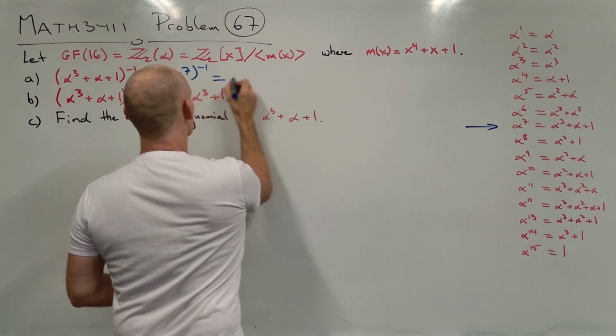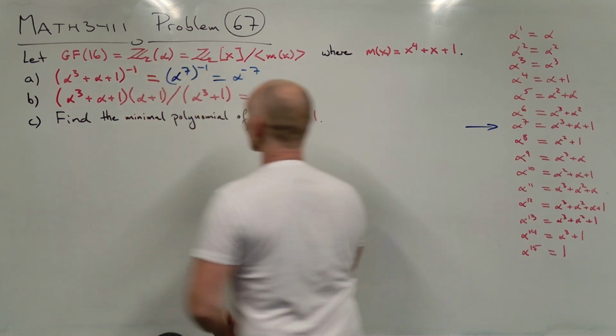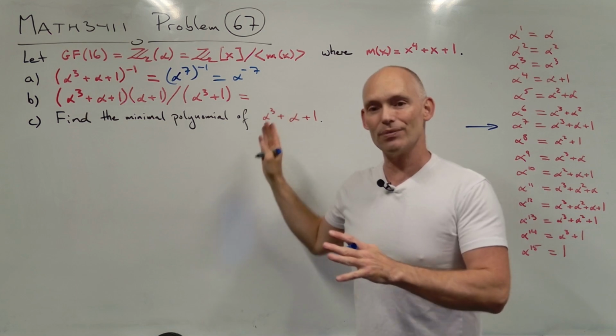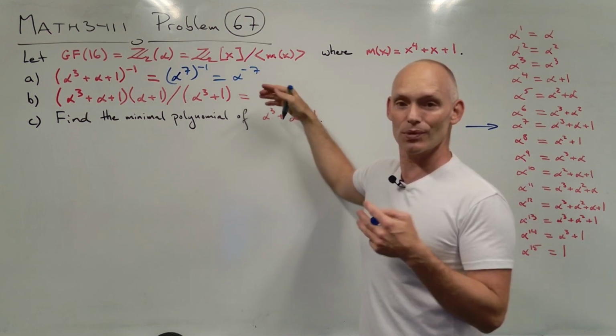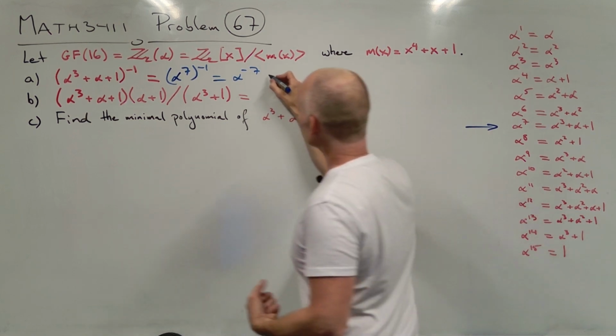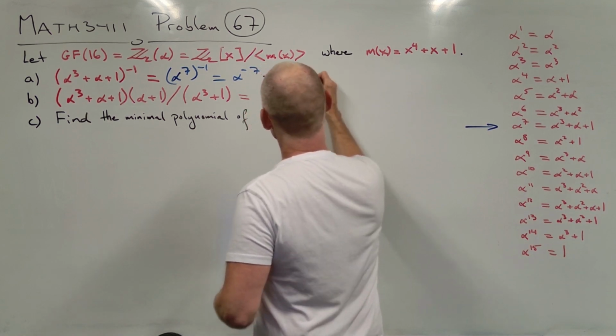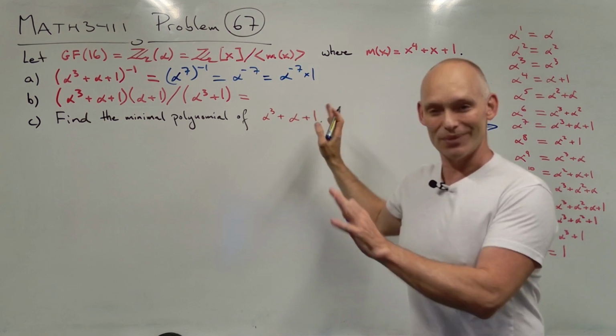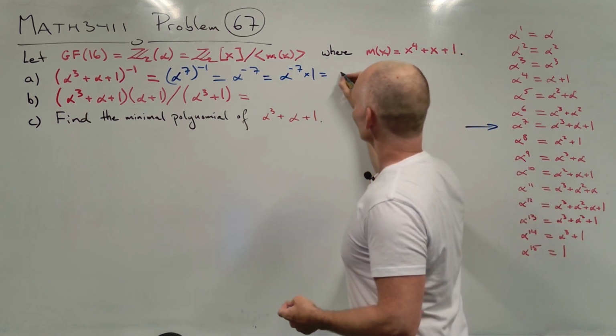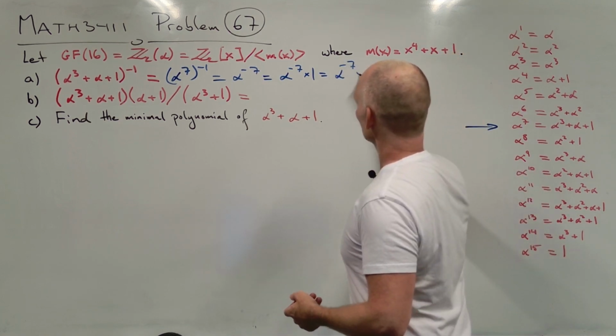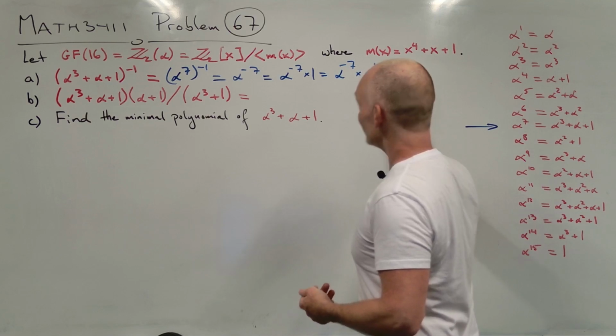Now that's the same as alpha to the power of minus 7. And so what? Okay, we can do better than that. We can say something a bit more specific than that, because let's say that we say alpha to the power of minus 7 times 1. We can do that, that's fine. And that's the same as alpha to the power of 7 times alpha to the power of 15.